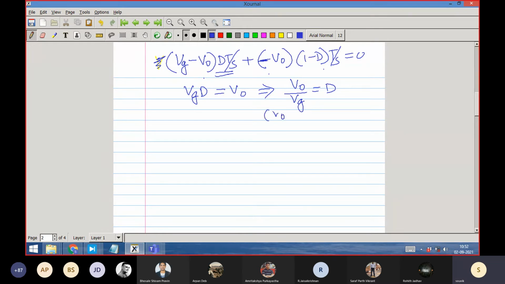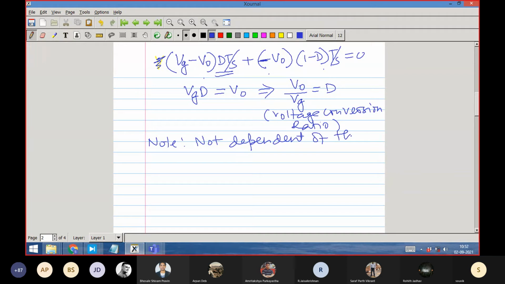This is the voltage conversion ratio. Note that it is not dependent on the switching frequency Fs.